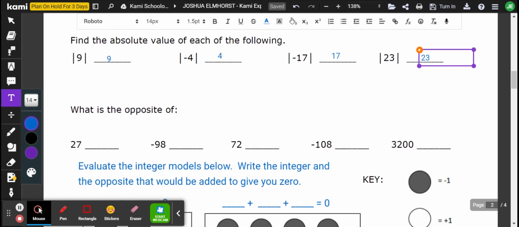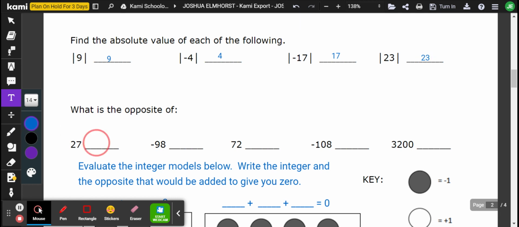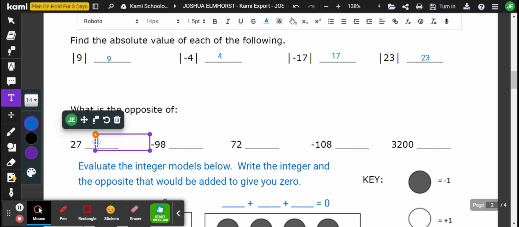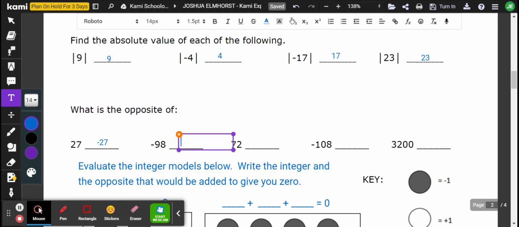So the opposite is back to talking about integers. Absolute value is just distance. Opposite is going to be looking at positives and negatives. So the opposite of -27, or opposite of 27 would be -27 in the opposite direction of the number line. Opposite of -98 is 98.